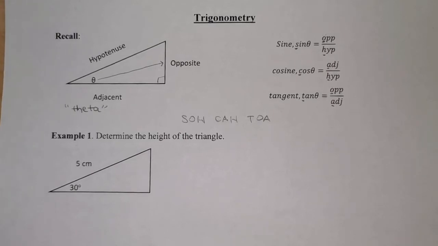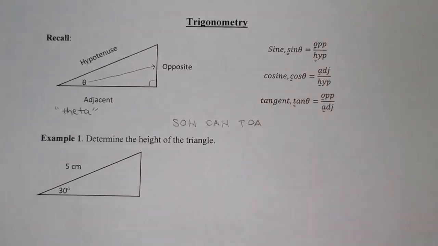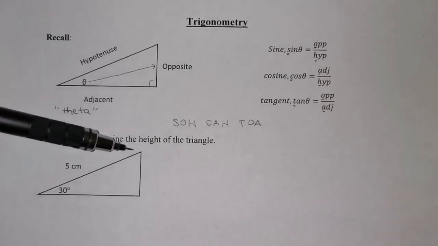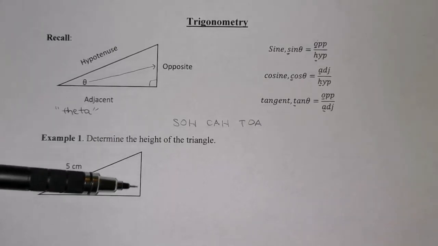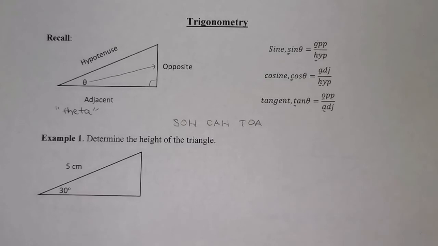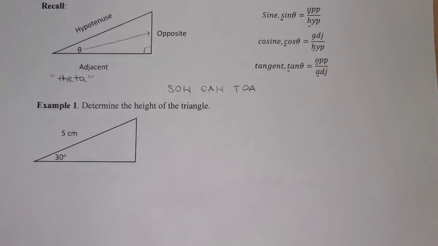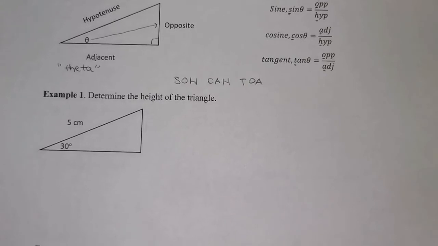Okay, so let's move on to an example. In example 1, we want to find the height of the triangle, so we're looking for this side. When we're doing trigonometry, it's always a good idea to figure out what side you're working with, which side you know, and the names of all those sides.